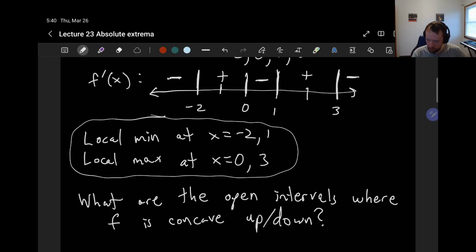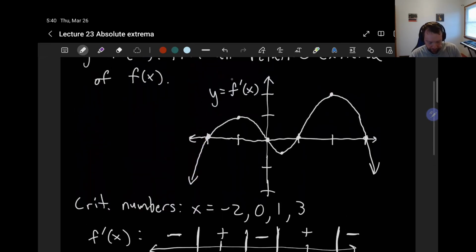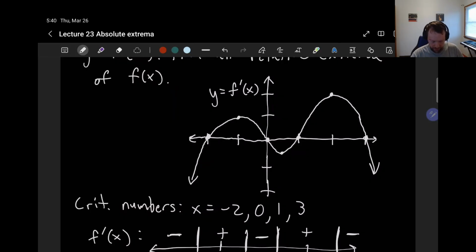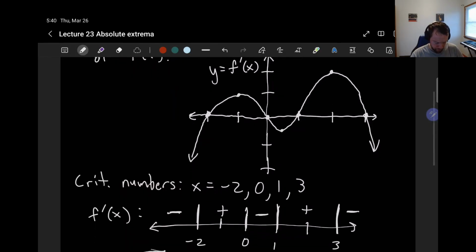Well, normally we would think about the second derivative, f double prime, for that. It's when is f double prime positive or negative? Well, we only really have information about f single prime, the first derivative, but that can be enough. We can use that.